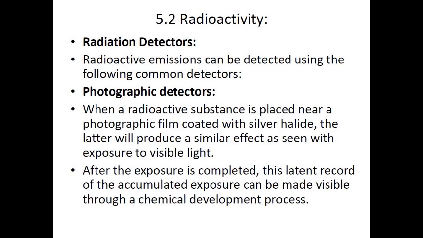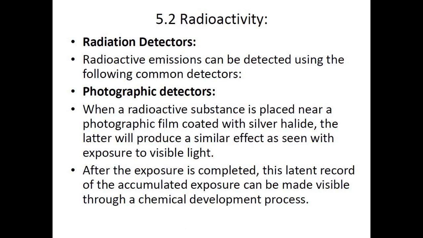You can develop these photographic plates just like your photographs, and you would have a photograph of a nuclear emission. Just like when you take an X-ray, the operator develops those photographic films, and it gives you a permanent picture of the X-ray of a body part.